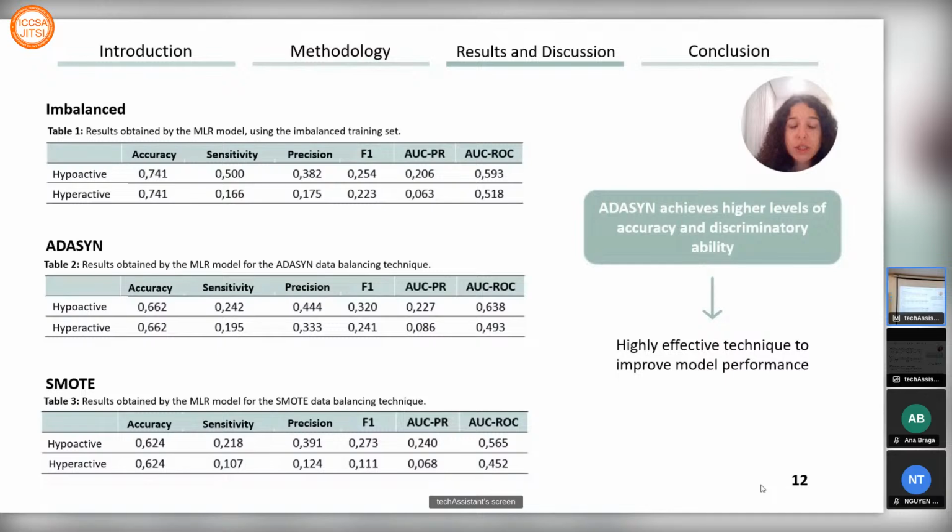The result of this study demonstrates that ADASYN is a highly effective technique for improving model performance on imbalanced datasets as it obtains superior values for the F1, accuracy, AUC ROC, and AUCPR metrics. Metric values are low because synthetic samples were generated based on existing ones, which did not increase variability.